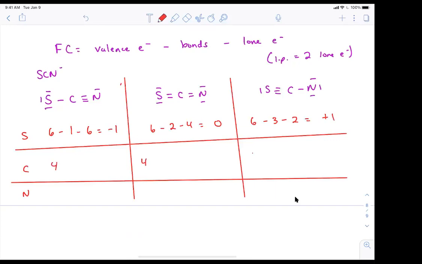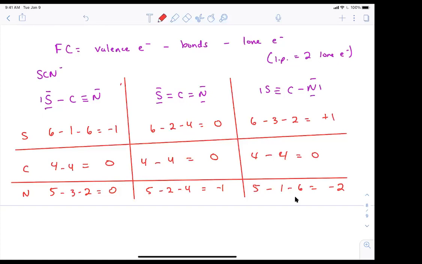Carbon has 4 valence electrons normally, and has 4 bonds in all of these with no lone electrons, so it always has a 0 formal charge in each of these structures. N has 5 valence electrons. On the first one, it's 5 minus 3 minus 2, which is 0. The second one, it's 5 minus 2 minus 4, which is -1. And here it's 5 minus 1 minus 6, which is -2. Okay.